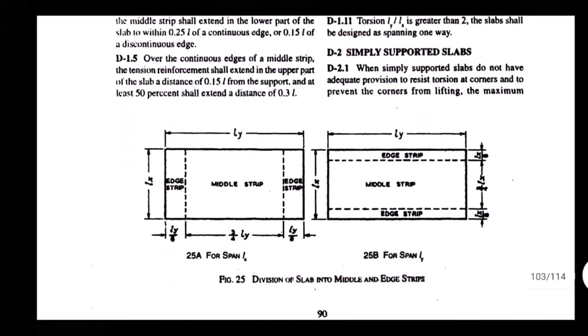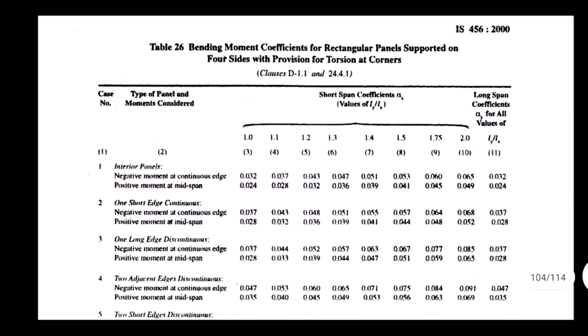Table number 26 gives the bending moment coefficients for rectangular panels supported on 4 sides with provision for torsion at corners.